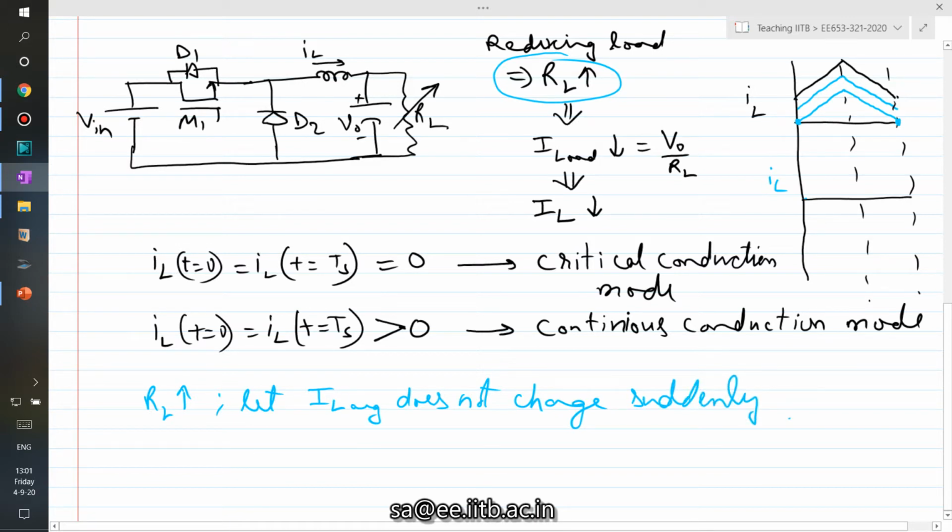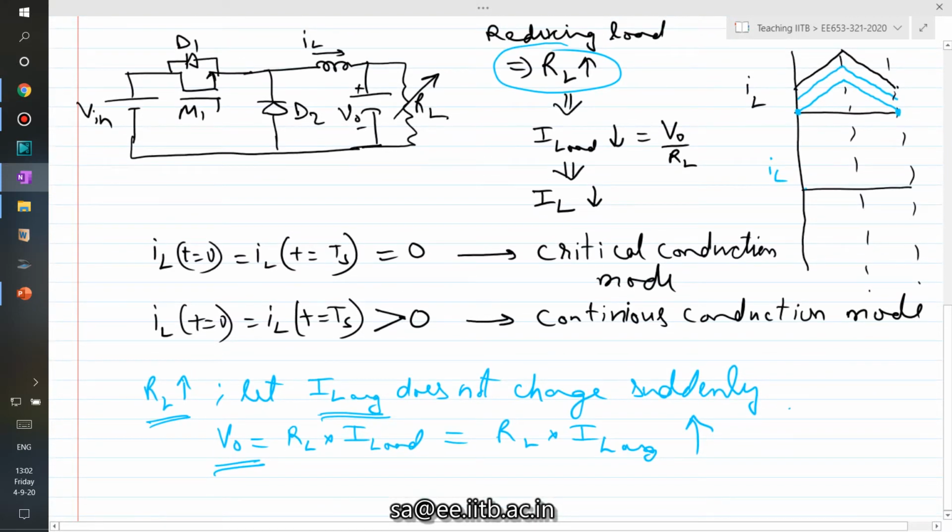Then what happens? Your output voltage, which is given by the load resistance multiplied by the average load current, which is also equal to the load resistance multiplied by the average inductor current, would rise. Why? Because load resistance has increased, current is the same, so average output voltage will go up. So this is step 1, this is step 2.